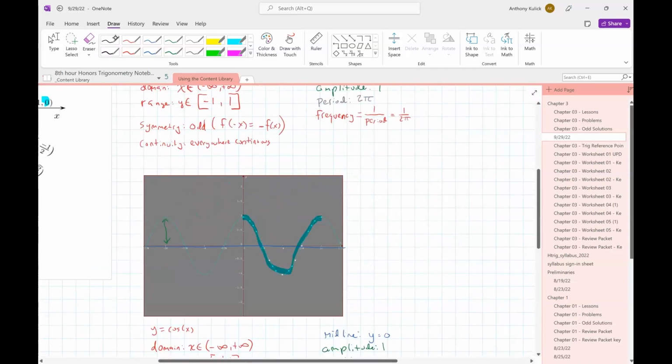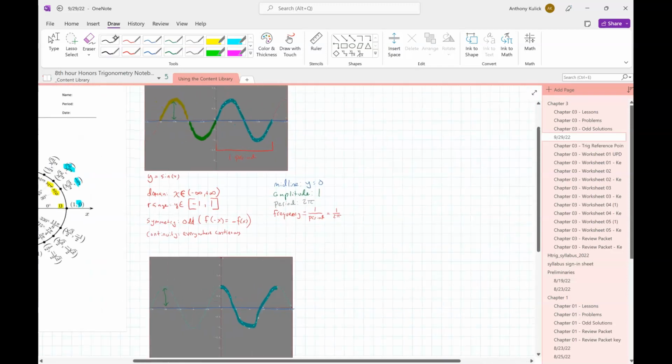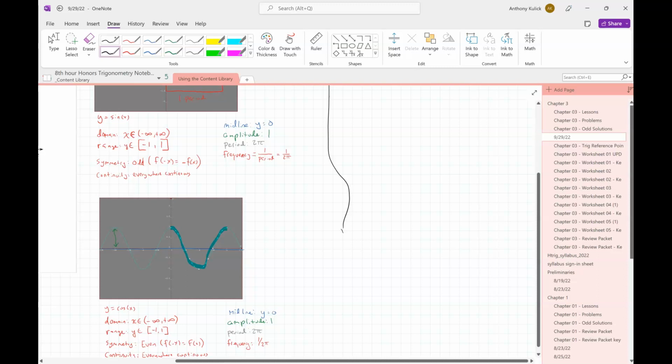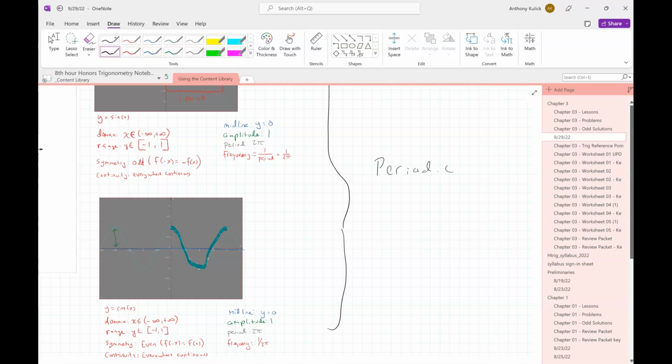Just as an aside here, functions like sine or cosine that repeat over and over again are called periodic functions. And specifically, sine or cosine functions are referred to in general as a sinusoid, which is the technical term for the class of functions that are sine or cosine functions.